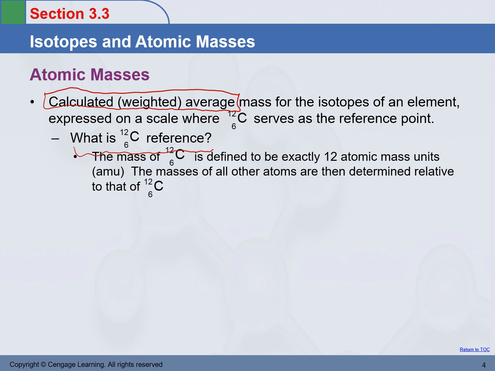Okay, so keep in mind we're trying to calculate the atomic mass of something. Needless to say, the mass of one atom is extremely small. For example, the true mass of carbon-12 is actually 1.99 times 10 to the power of negative 23 gram.